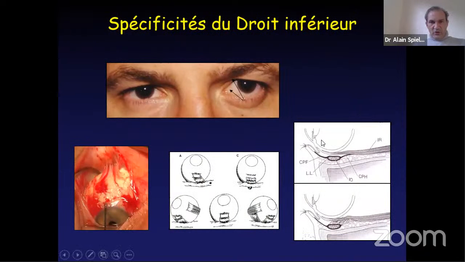This is just to show late overcorrection with lid retraction and scleral show, just to remind you that there are adherences between the inferior rectus and the Lockwood ligament, and there are interactions between the inferior oblique and the inferior rectus muscle.